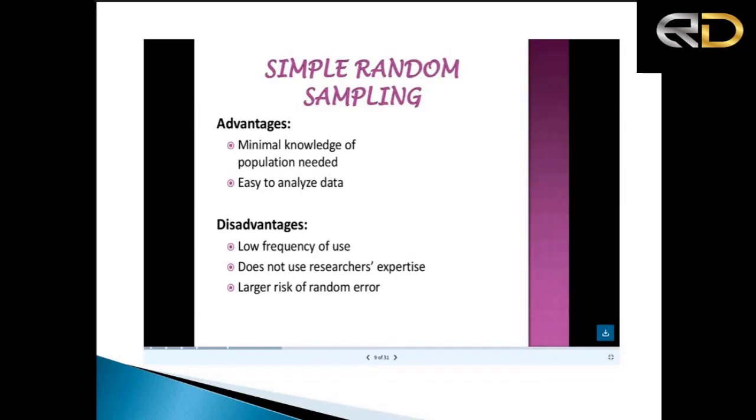And there is a larger risk of random errors. If random errors are included in the data, then they will come with the sample, and then we can get biased results.